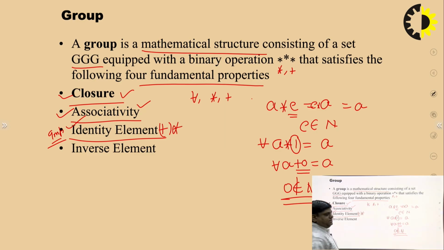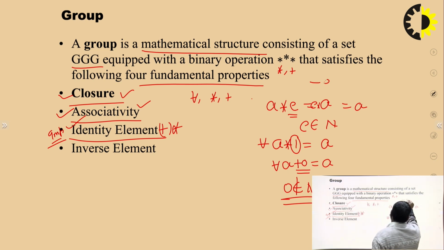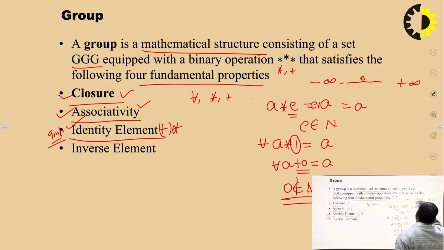Okay, that's clear. If we change the mathematical structure, we take the set of real numbers. The set of real numbers is from minus infinity to plus infinity, including 0.